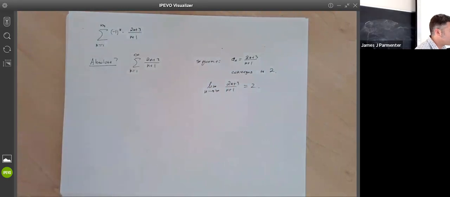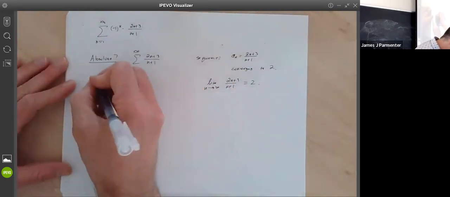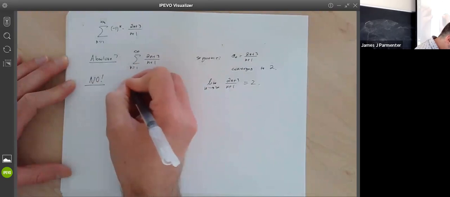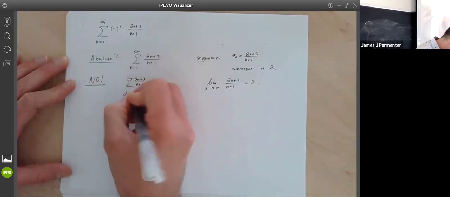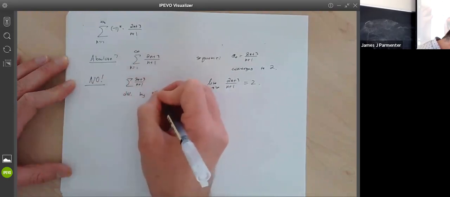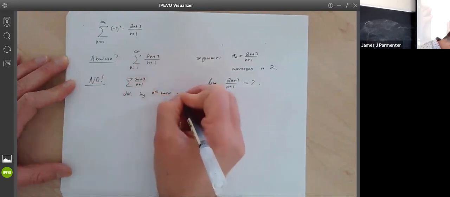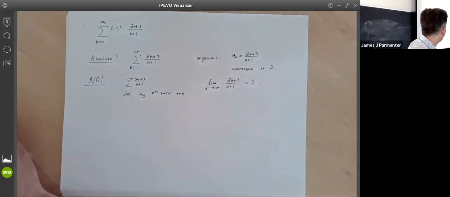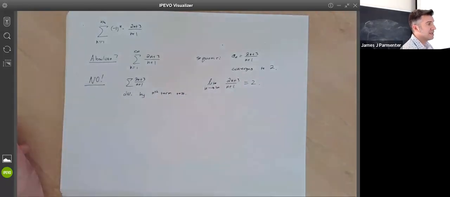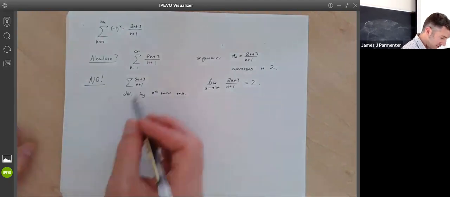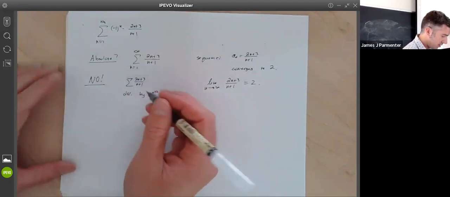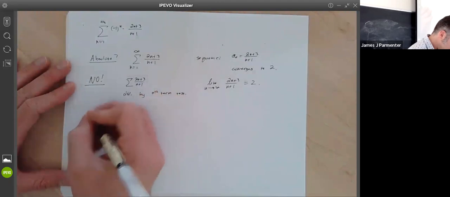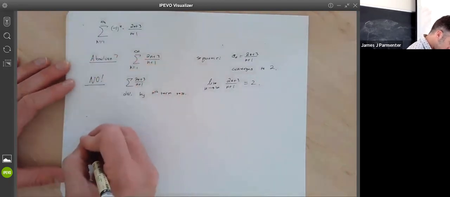Right, the series diverges by the nth term test. But if that's true for the absolute value, it's also true for the alternating series, right? If the limit of this non-alternating sequence is 2, then you should just move straight to divergence.